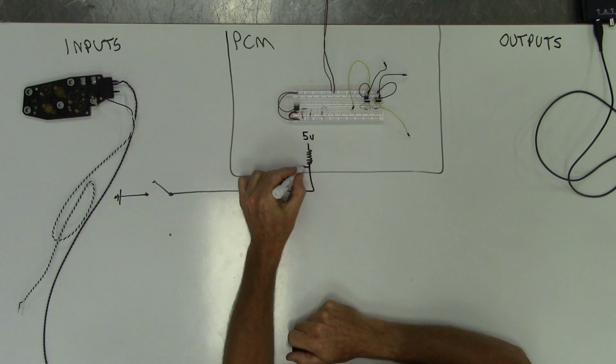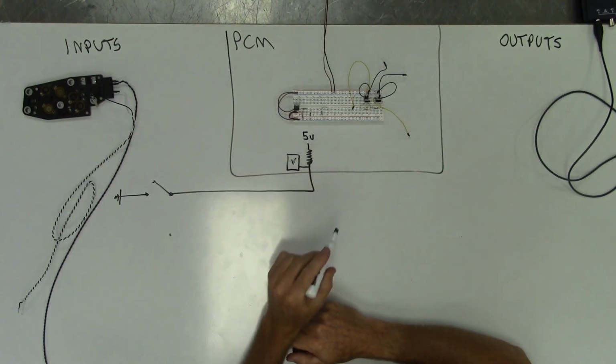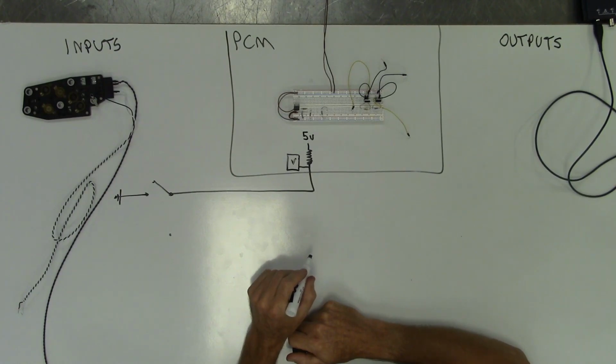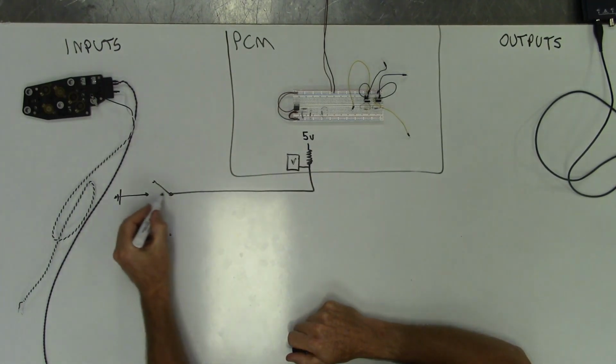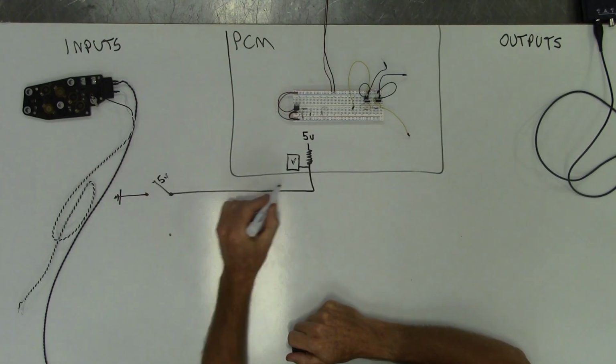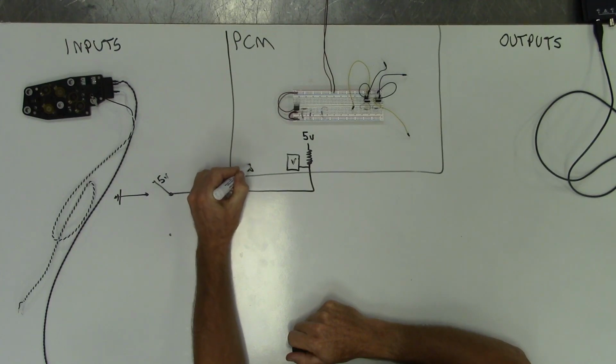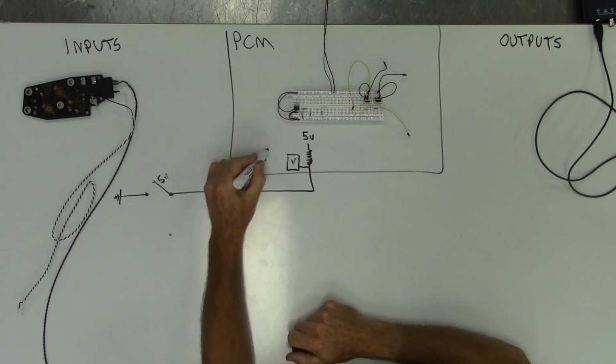So what the computer is going to do, it's going to have a little voltmeter. It's going to monitor the voltage on the other side of this resistor. The reason why they do that is because when the circuit is open, I'm going to have 5 volts all the way up to the point of the open. So that means as long as the switch is open, I'll have 5 volts at this voltmeter here.